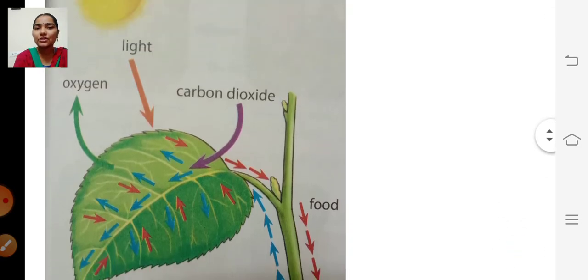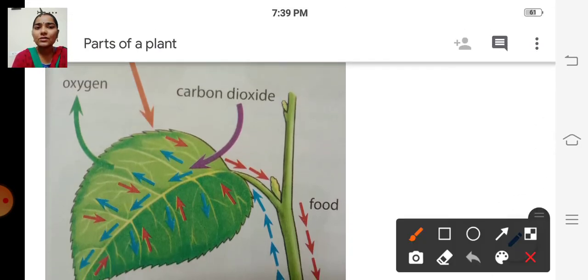So look at this picture. This upper side flat part is called the leaf blade. The upper side is soft and darker in color. The lower side of the leaf is rough and lighter in color. And there is a tube from the stem to the tip of the leaf, and this is called the main vein.